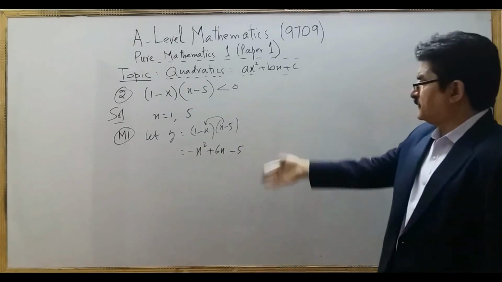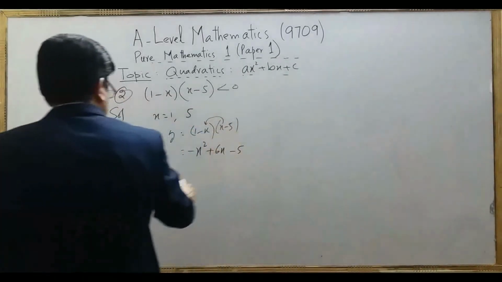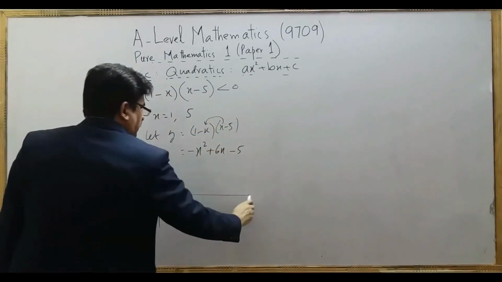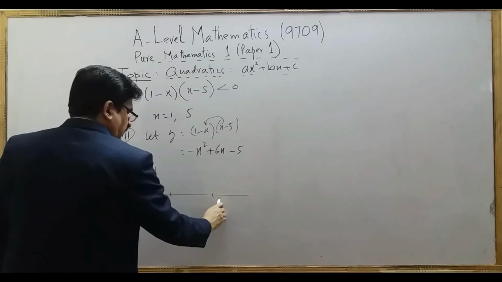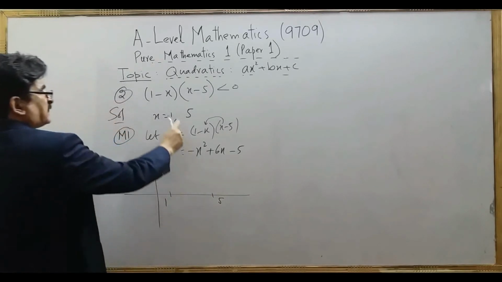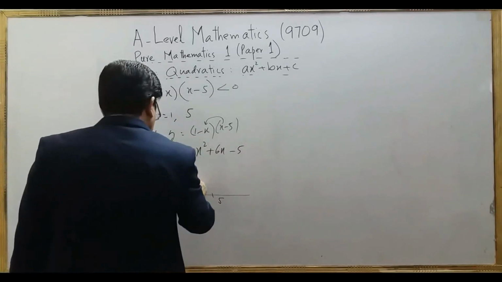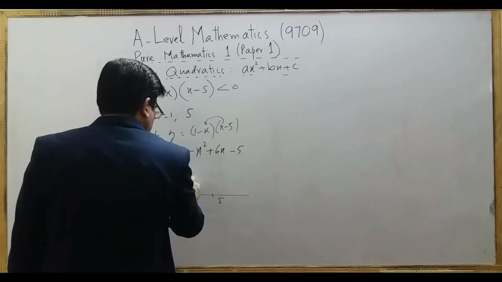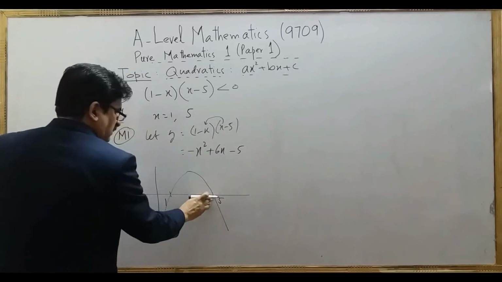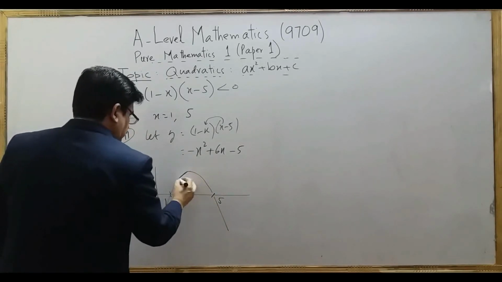Now in the first method, if you sketch this curve, here you have 1, here you have 5. The coefficient of x square is negative, so be careful. The curve goes down.